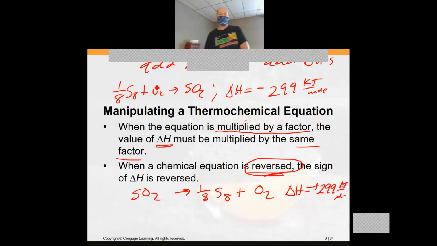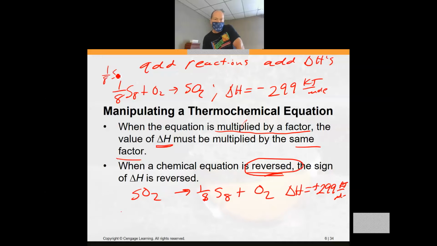If I write it in terms of heat, heat here is going with the SO2. So up here I would have 1/8 of S8 plus O2 goes to SO2 plus 299 kilojoules per mole. Heat is released. Heat is a product.